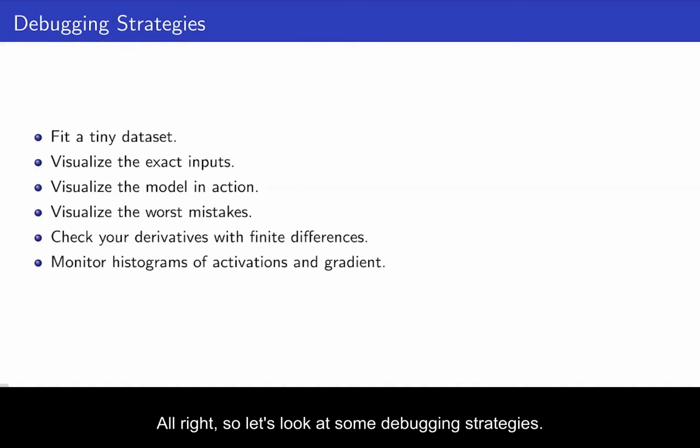All right, so let's look at some debugging strategies. First is try to fit on a tiny data set. Then visualizing what the model does and what the worst mistakes are could be other strategies. Another thing that you should do is to monitor the histograms of the activations and the gradients. You should check if you have vanishing gradients or exploding gradients and so on.